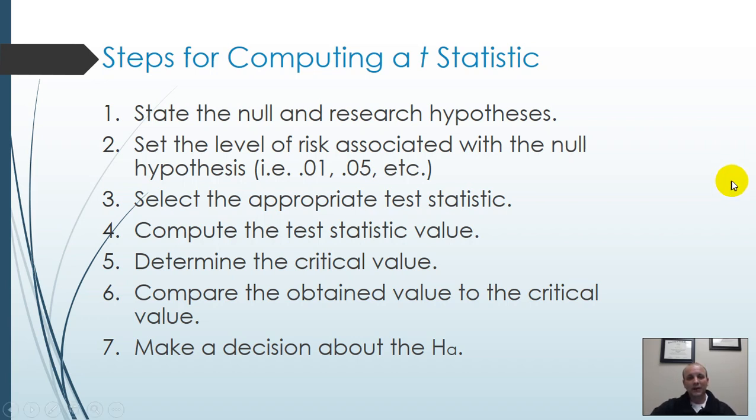So select the appropriate test statistic, and we'll look at a little chart. There are various charts you can utilize to understand what statistical procedure best applies to the test you want to do, based on the data you have. Determine the critical value, compare the obtained value, and make a decision about the alternative hypothesis, whether you fail to reject the null hypothesis or reject the null hypothesis, and conclude that the alternative is appropriate.